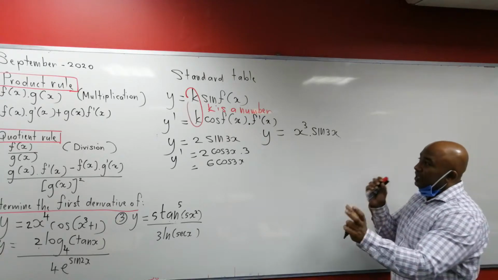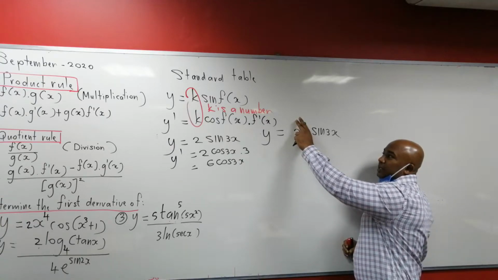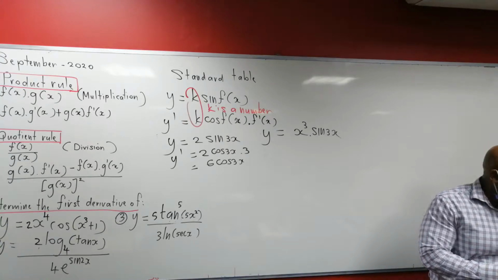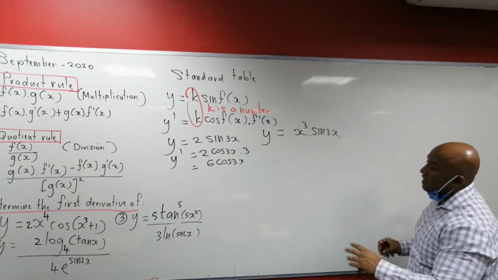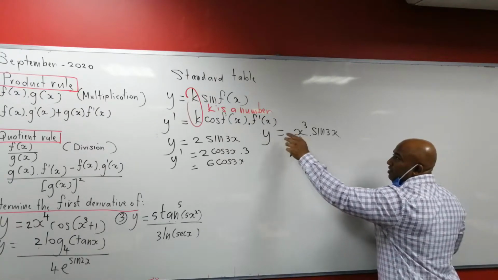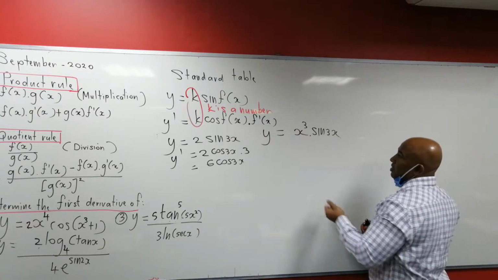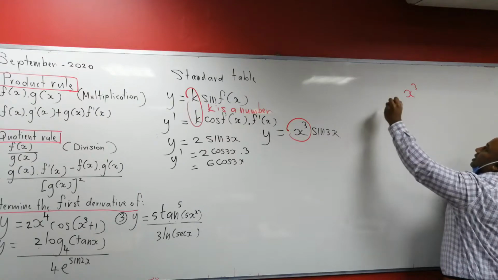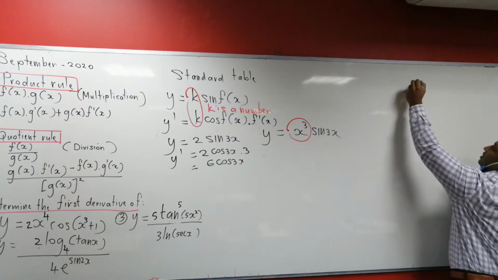You read this as multiplication because it's x to the power 3. There's no plus sign, no minus sign, no division sign, so therefore it is multiplication. What you will do is identify the first factor. We have x cubed, and what else do we have? Sine 3x.